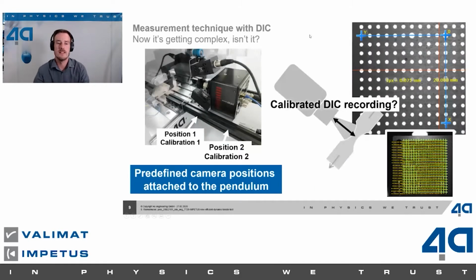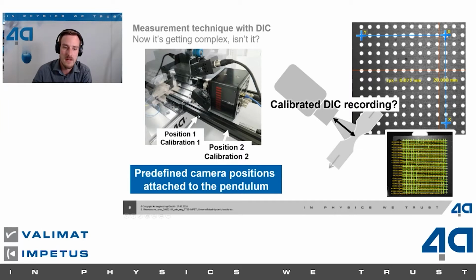The next thing we should think about is the calibration of the DIC recording. Many of you who have ever used a DIC system know that there is a big effort to get a good calibration of the DIC system. And we have solved this problem with a predefined camera position, fixed-mounted on our pendulum.